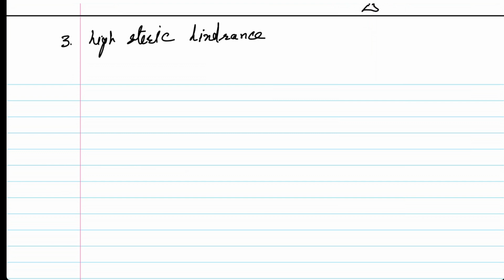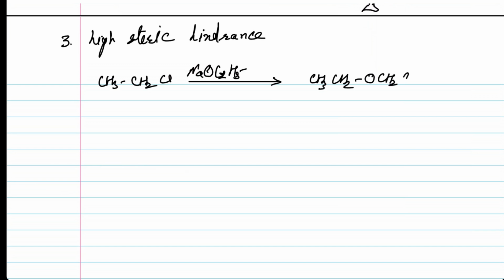For example, if we have CH3CH2Cl reacting with NaOC2H5, then the product is going to be CH3CH2OCH2CH3. But in the same case, if we have CH3CHClCH3, here the chlorine is attached to a secondary carbon.